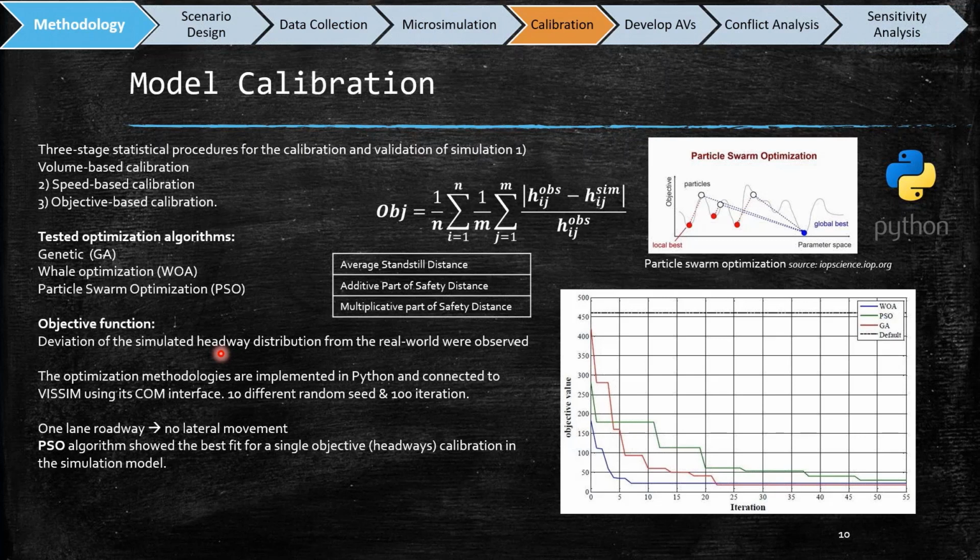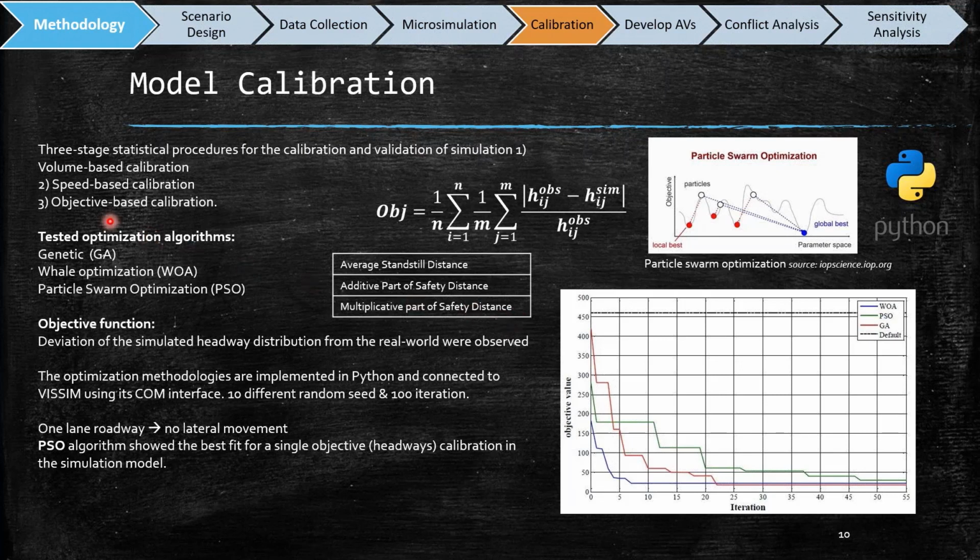In recent studies, various optimization algorithms on Vissim models were investigated and proposed in detail to calibrate and validate Vissim parameters, particularly for urban roadways. These are the most sensitive parameters of the car following model in Vissim, as many of you are familiar with, for Wiedemann 74, used for conventional vehicles in urban area.